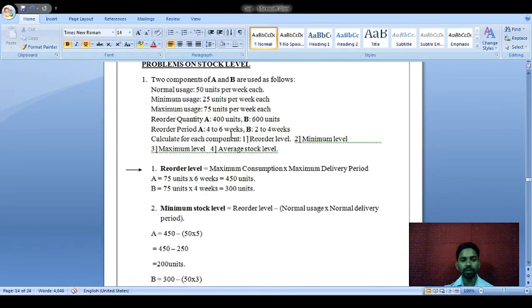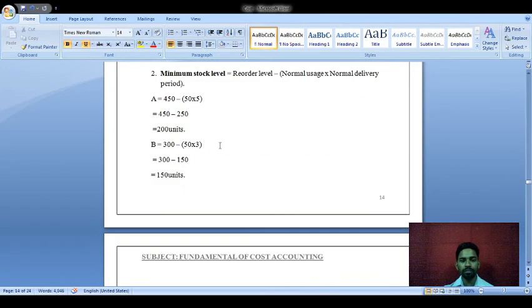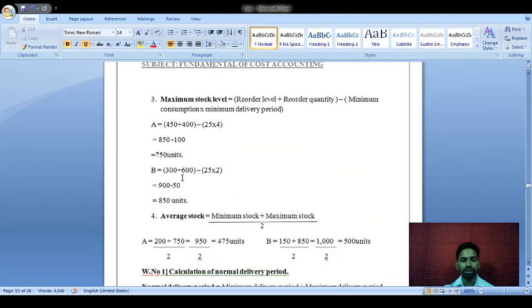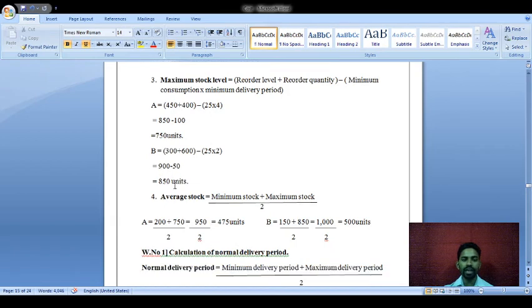So minimum delivery period is 2 given for the B. Okay, 2 is the minimum, 4 is the maximum. Now just solve it. 300 plus 600 is 900, minus in bracket 25 into 2, which is 50. So 900 minus 50, the remaining answer will be 850 units.